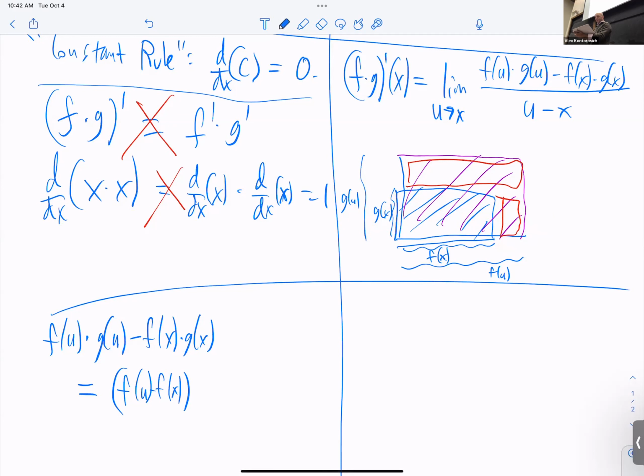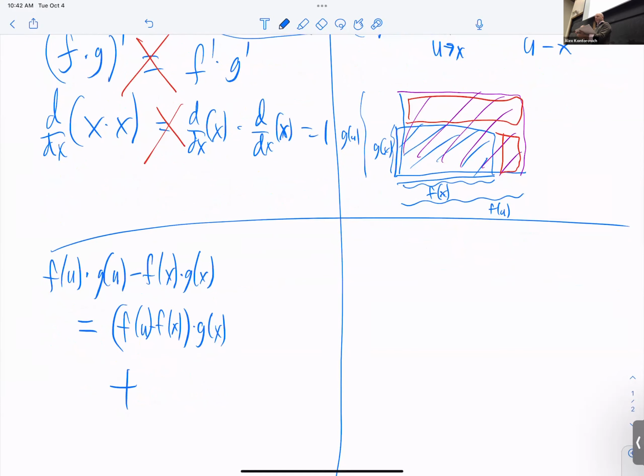G of x. So this is f of u minus f of x times g of x, one little bit of area, plus another bit of area, which has this length. What's that length? F of u, yep, f of u times this length. Exactly. Who said that? Tell me again. Caitlin. G of u minus g of x. Exactly, is this length. Does everybody see that? G of u minus g of x.